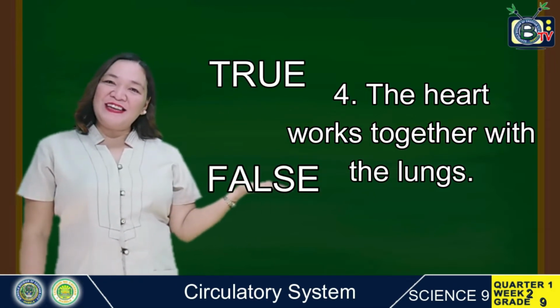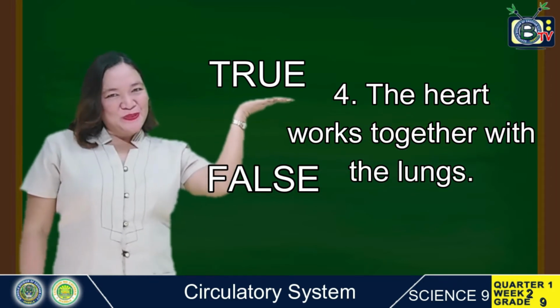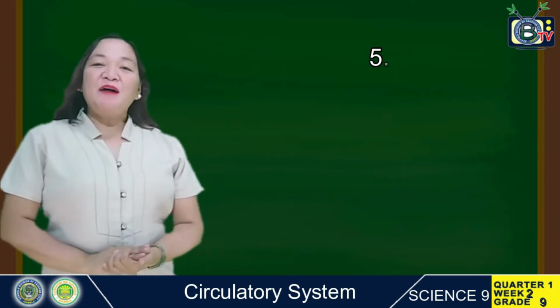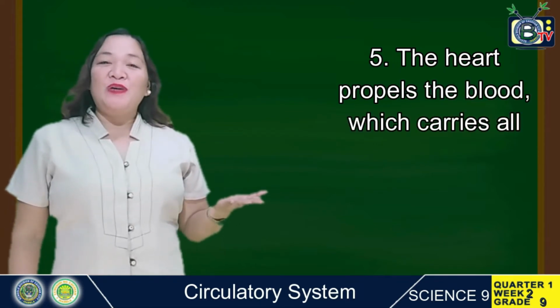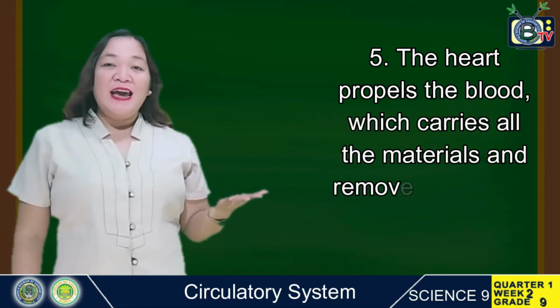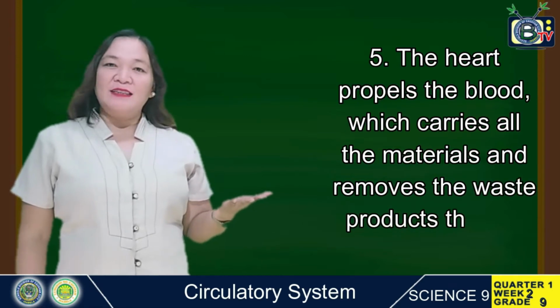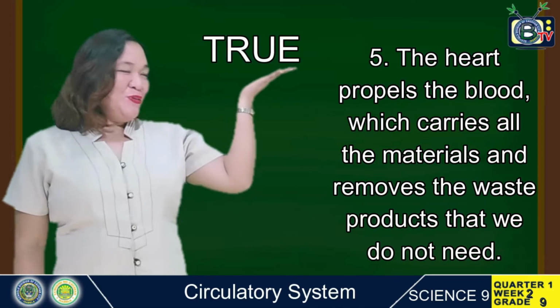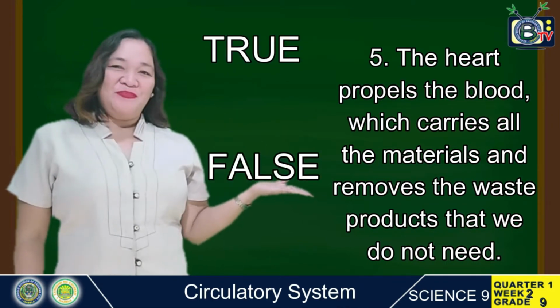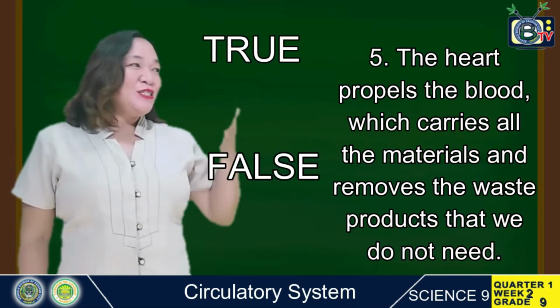And the correct answer is true. Number 5, the heart propels the blood, which carries all the materials and removes the waste product that we do not need. What's your answer? True or false? The correct answer is true.